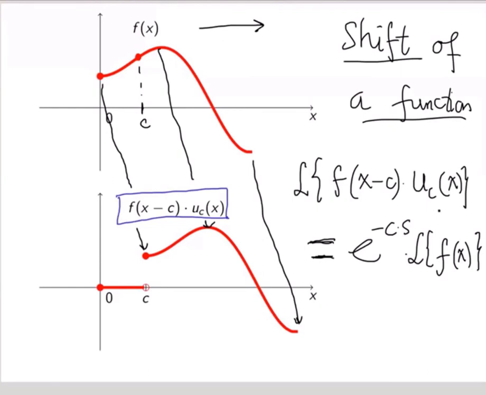However, it will be given in the format of the inverse Laplace transform. We need to use this formula for the inverse Laplace transform in order to solve differential equations with step functions. That will be discussed in the next topic. And this is the end of the lecture today.